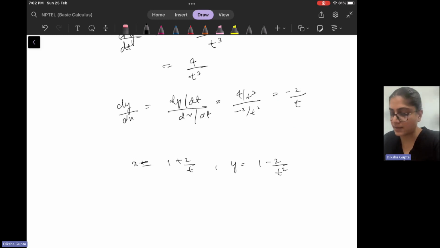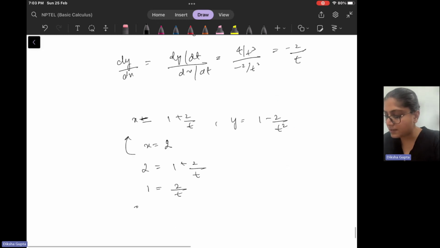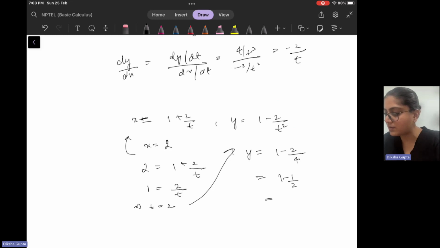So if x equals 2, then 2 equals 1 plus 2 by t implies 1 equals 2 by t implies t equals 2. Also, if you put t here, y equals 1 minus 2 by 4 equals 1 minus 1 by 2, so 1 by 2. So for t equals 2, the point on the curve is (2, 1/2), and vice versa.